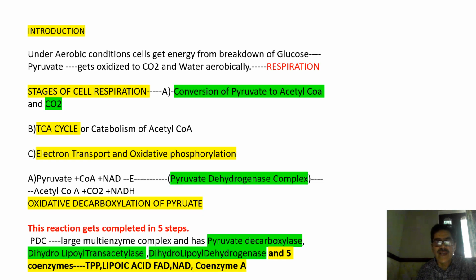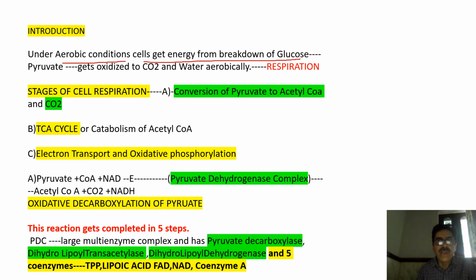Tricarboxylic acid cycle. So the introduction would be like this. The TCA cycle or Krebs cycle takes place under aerobic conditions. Aerobic conditions mean in presence of oxygen. So under aerobic conditions, cells break down glucose into pyruvate.